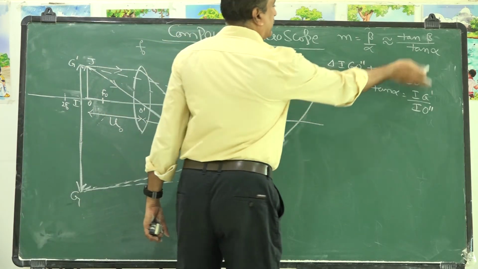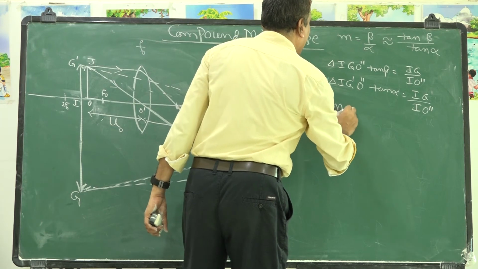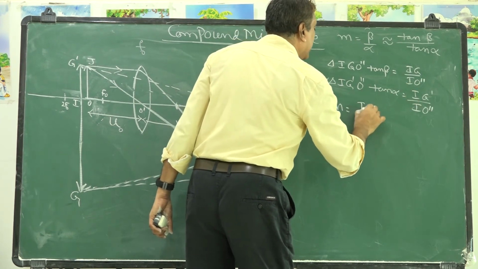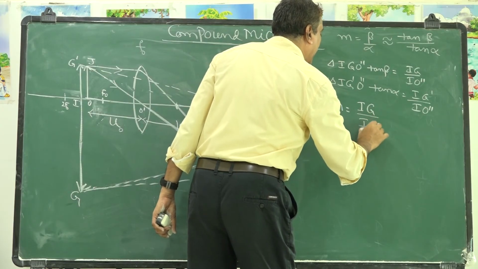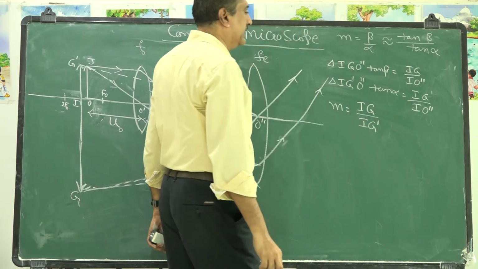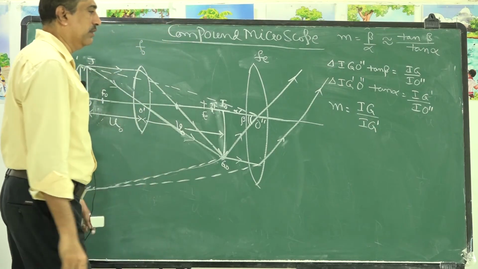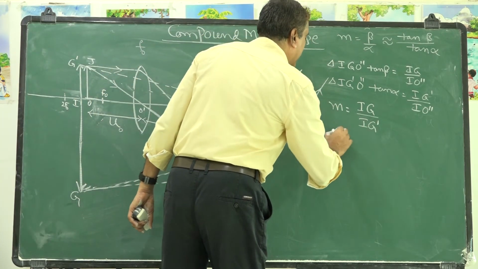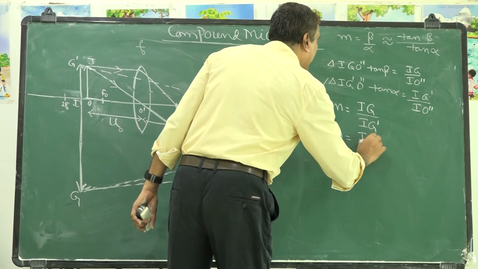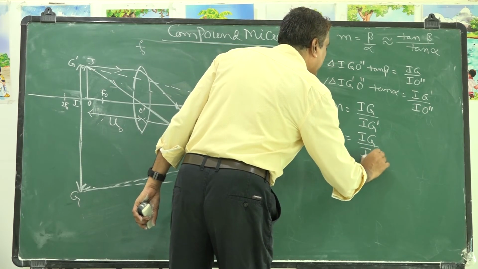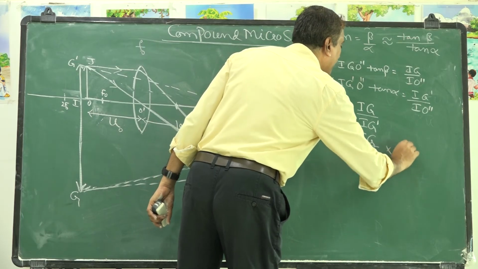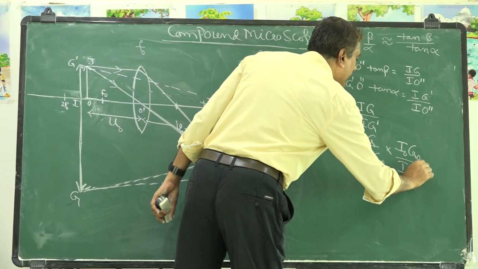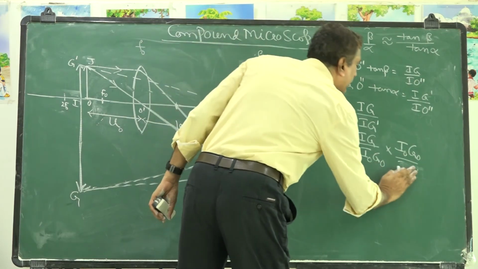Now by substituting in this equation, m is equal to IG by IG dash. Now this equation is multiplied and divided by I naught G naught, and we can write IG dash as OJ.